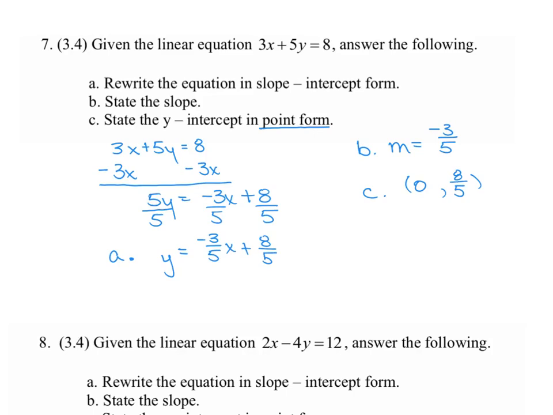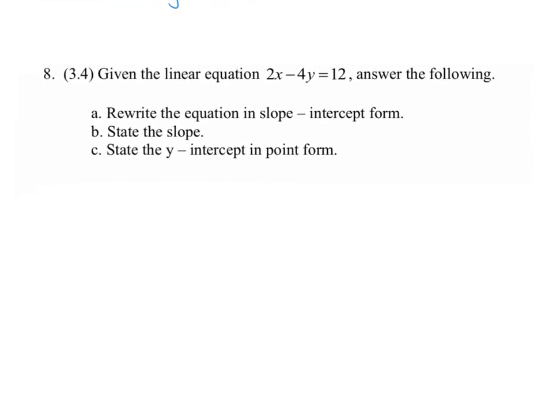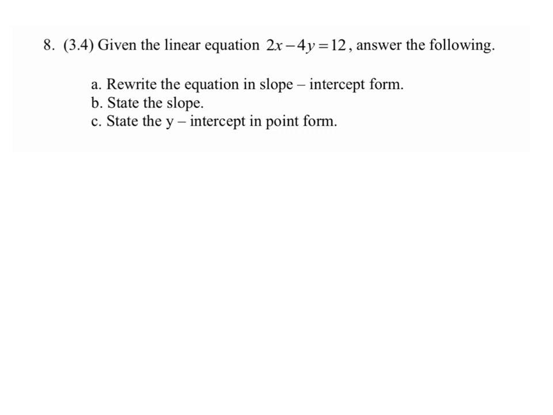Let's try another one. We have the equation 2x minus 4y equals 12. We're going to do the same thing. So I want to start by writing in slope-intercept form. I'm going to subtract 2x from both sides.